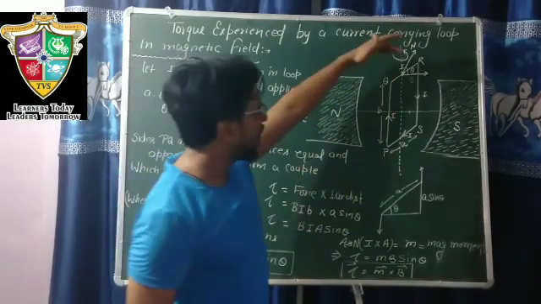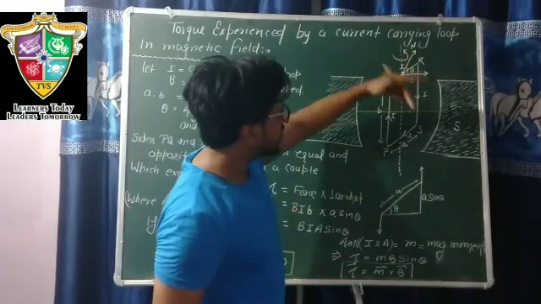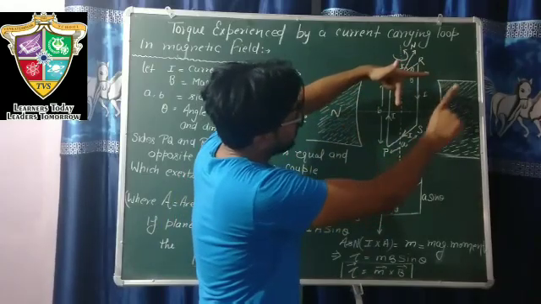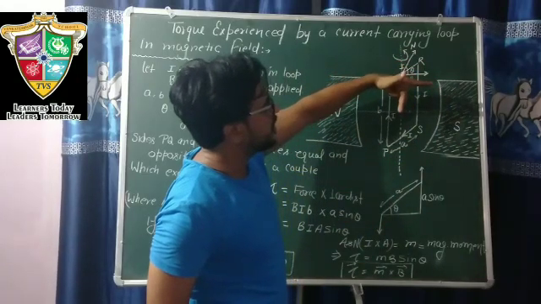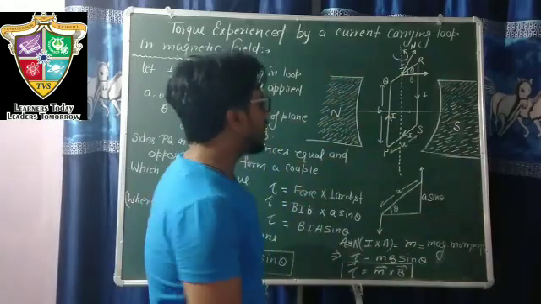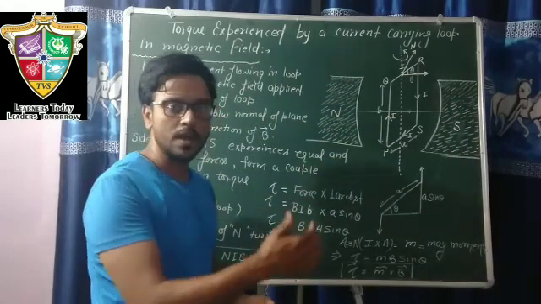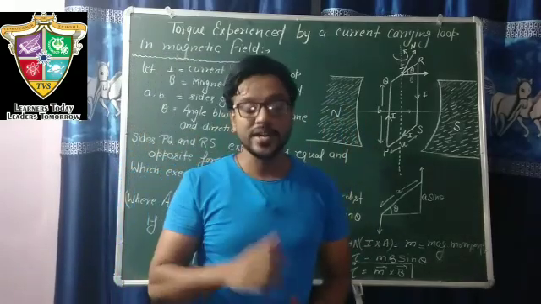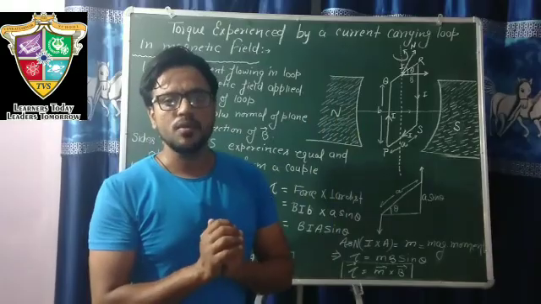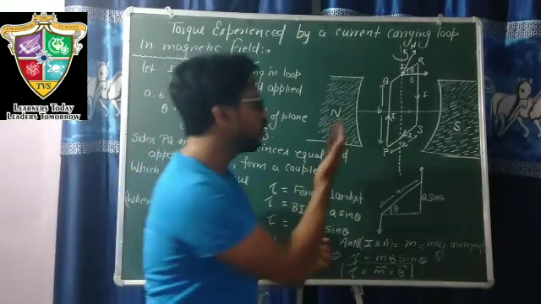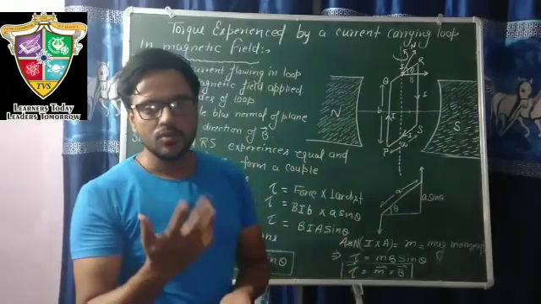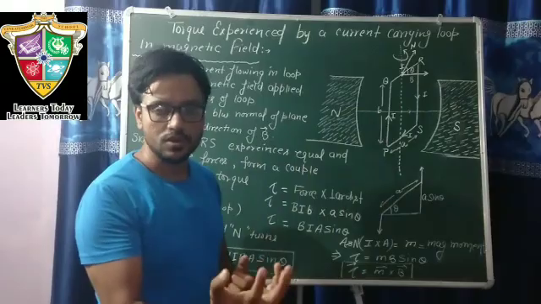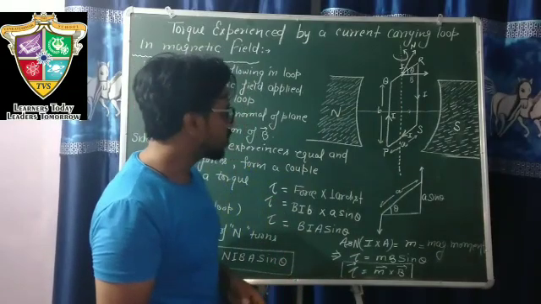And similarly, if I apply it on this arm RS, this is the direction of current from R to S, and this is the direction of the magnetic field, so the thumb is pointing outwards, so RS will experience force in the upward direction and PQ will experience force in the downward direction. So a couple is formed, due to which this loop will try to rotate, and now we will calculate the rotational effect of the force, that is, how much torque is experienced by this loop.